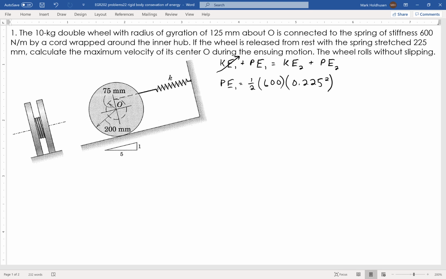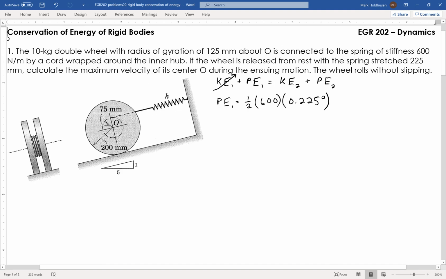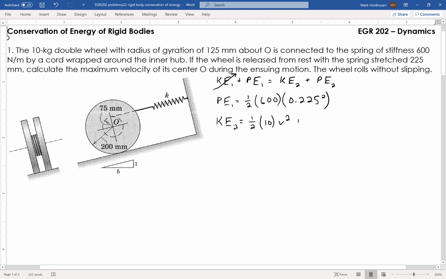KE2 is the final kinetic energy, which is really what we're trying to find. It's going to be 1/2 m v squared plus 1/2 I omega squared, because it's rotating as well, where I is m times the radius of gyration squared, 0.125 squared.